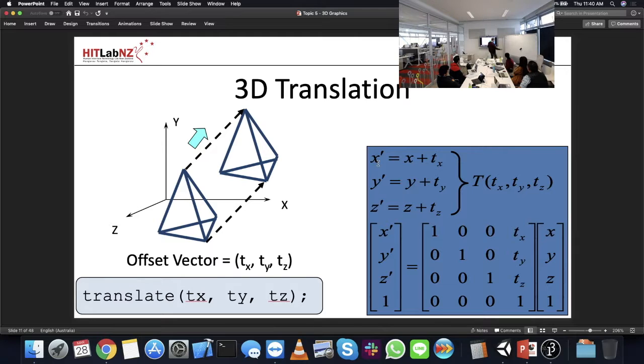And our final one, 0 times X plus 0 times Y plus 0 times Z plus 1 times 1 equals 1, which gives us this last one in here. So that's a very simple version of, this was probably more for me than it was for you, to make sure that I can still remember how to do this stuff. But this is basically how we get these equations from here.